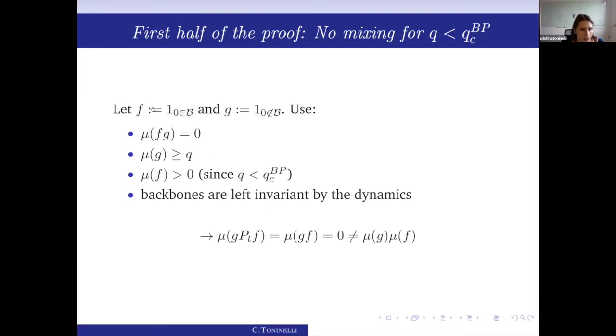You can take as the function f the indicator function that the origin belongs to the backbone, and as the function g the indicator function that the origin does not belong to the backbone. Then for sure the mean of f times g is 0.